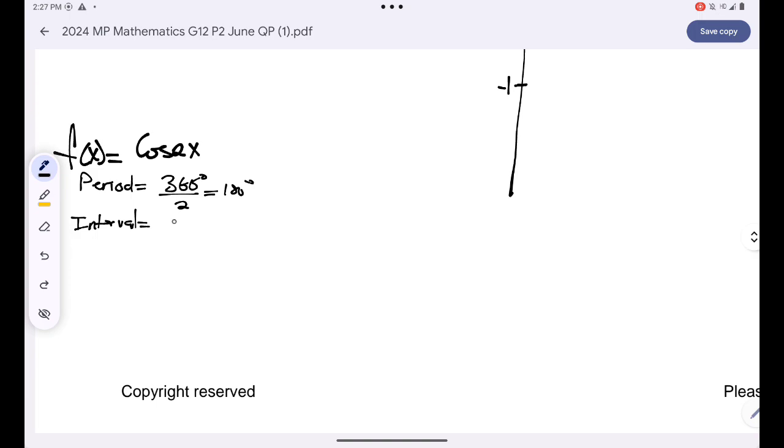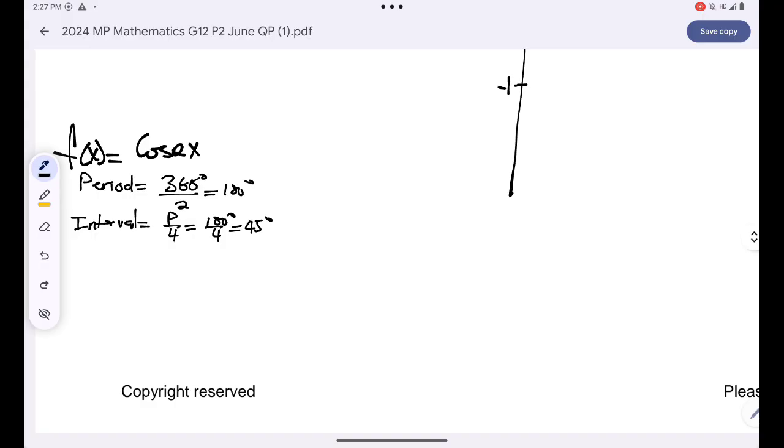I want to know the important x values, and those values are the x-intercepts and the x values at the turning points. So I'll just take the period divided by 4. I'll simply get 180 all over 4, I'll end up having 45 degrees. This simply means after every 45 degrees from my starting point, I will get an important x value.